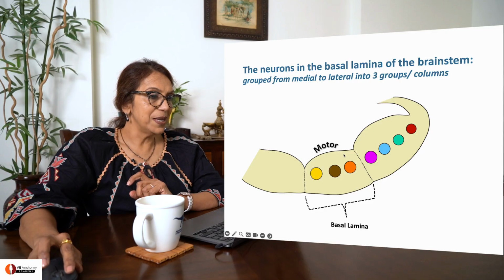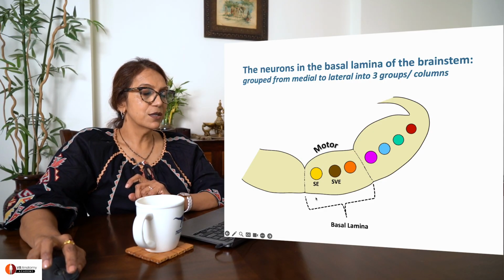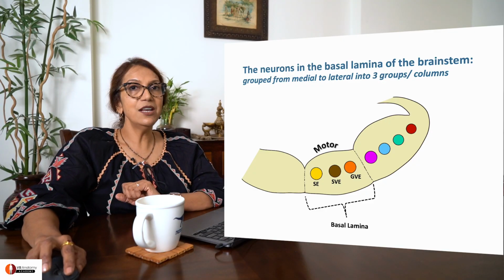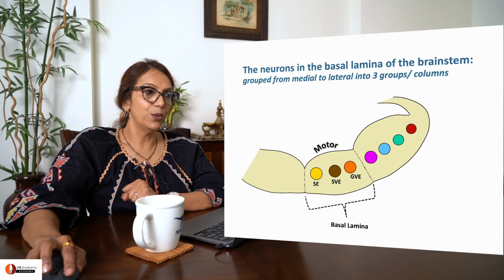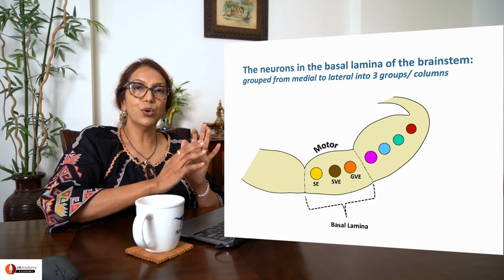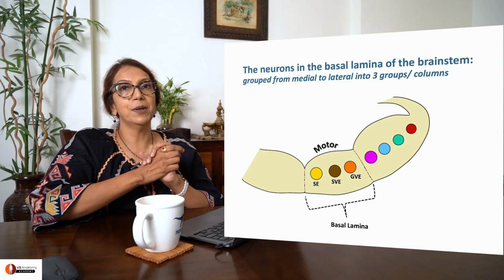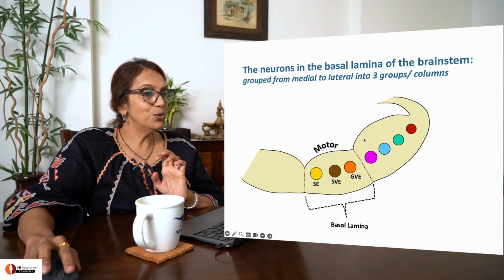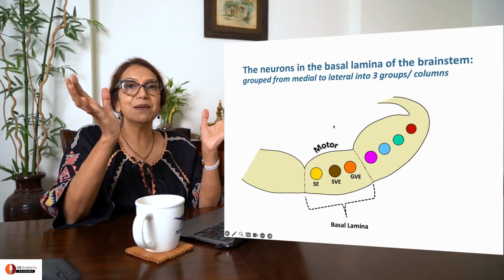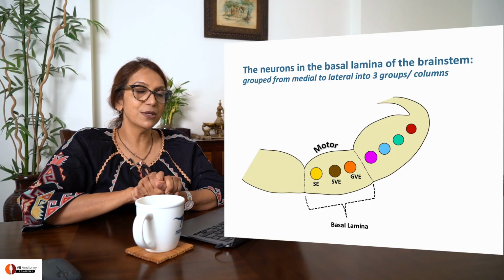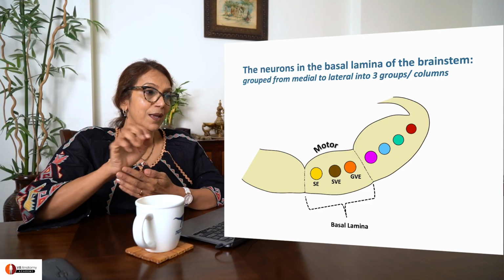This is the basal lamina region. This is somatic efferent, special visceral efferent or branchial efferent, and general visceral efferent. So all these are neurons which have developed from which lamina? Developed from the basal lamina. Now this huge thing is the cavity of the brainstem which is expanded out, which we will discuss some other time because it becomes too much for you.